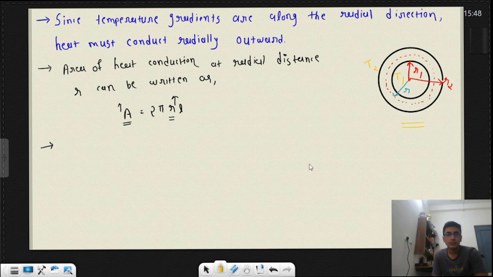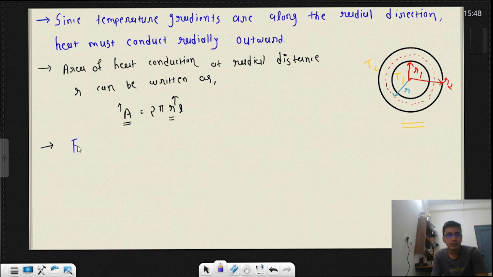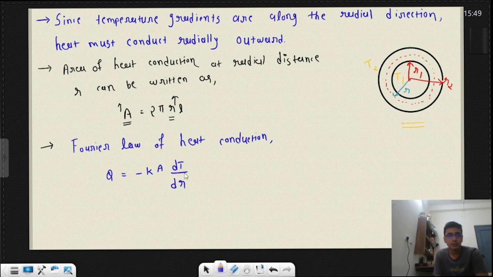But as of now, we will jump to Fourier law of heat conduction. Fourier law of heat conduction for this case can be written as Q is equal to minus K A dT by dr, because here the gradient is in the radial direction.